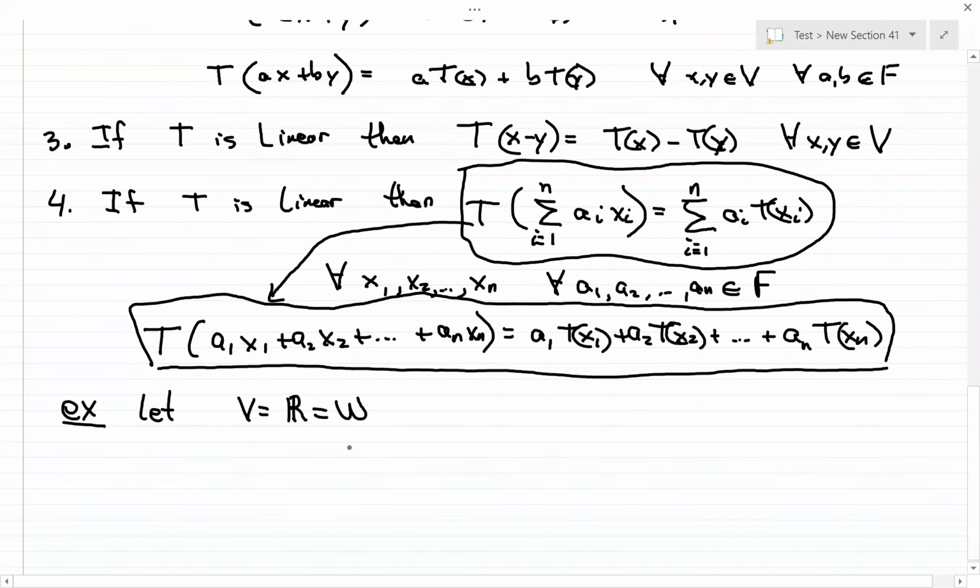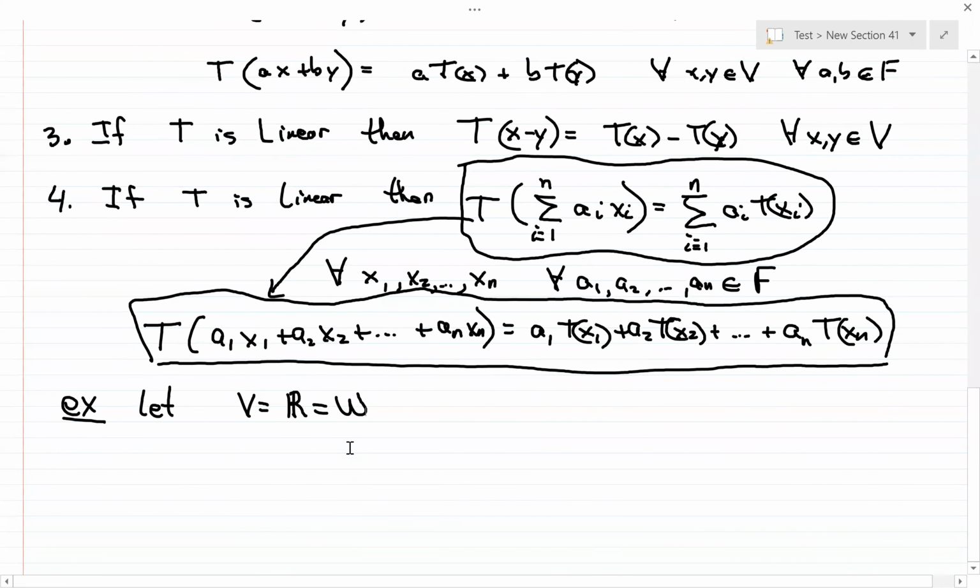And what we're asking is, what would be a linear function T that goes from R to R?